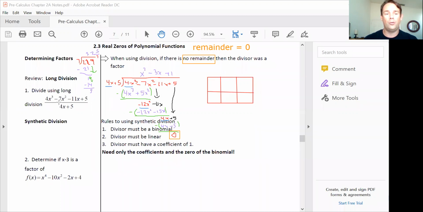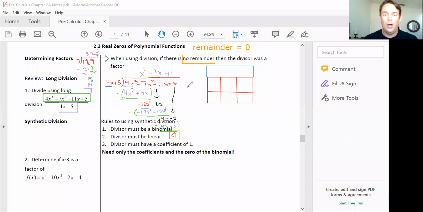We know that if I multiply this 4x plus 5 by some other term, I should be able to get something in the box that is equal to 4x cubed minus 7x squared minus 11x plus 5. So we're going to multiply this way.